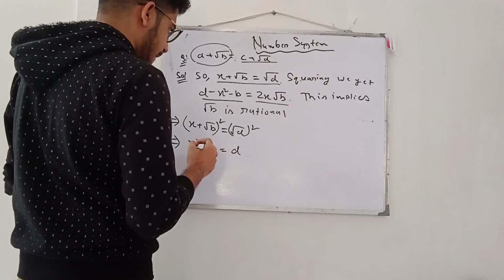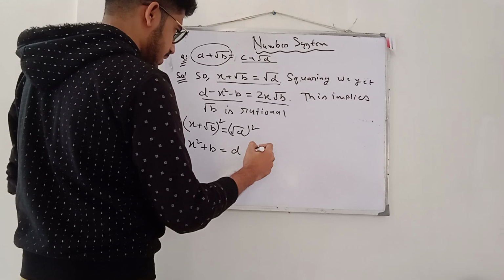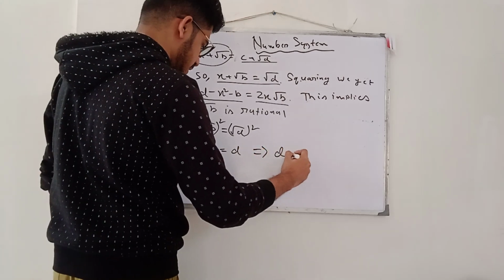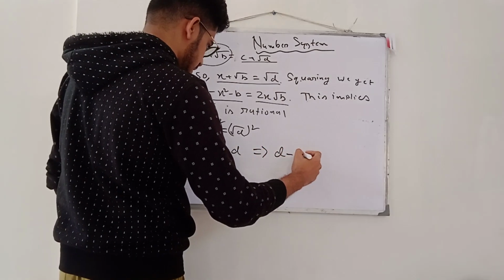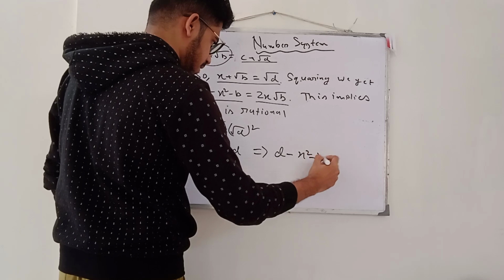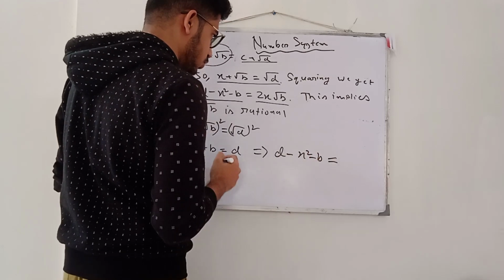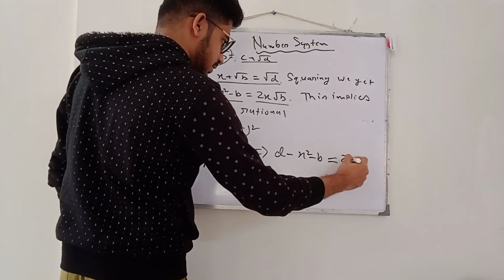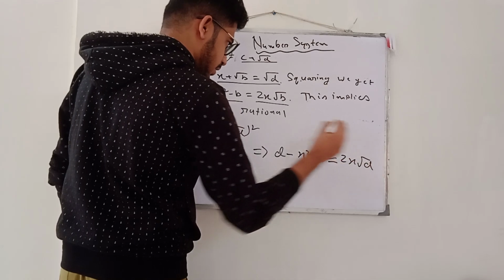Then d minus x square minus b is equal to 2x root b.